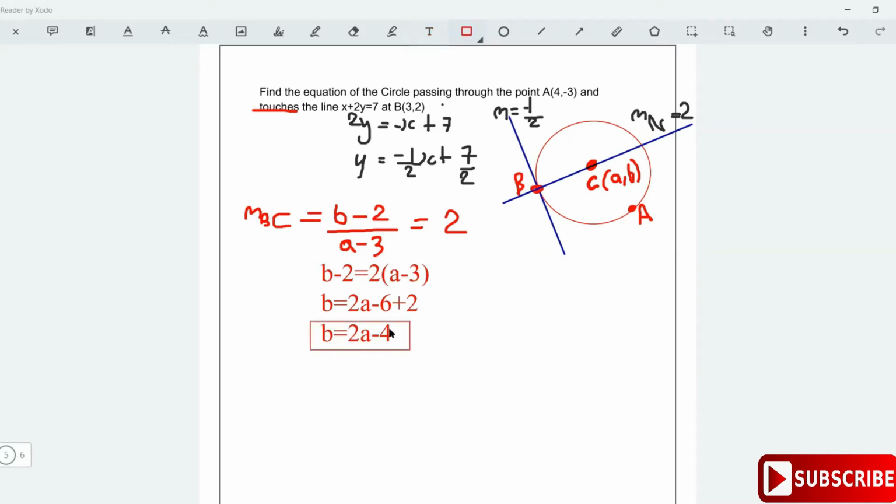If I get that b is 2a minus 4, now look at this. I know the point B and I know the point A. If I find the gradient of BA, I know that the bisector of BA passes through the center of the circle. Let's call this the bisector.